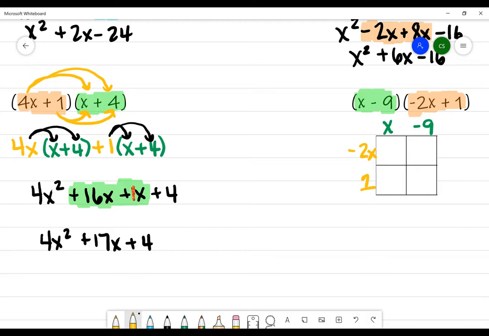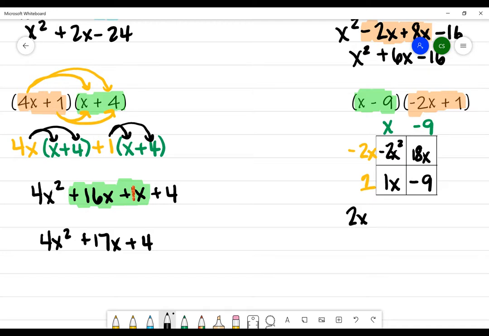So I just multiply my terms now. -2x times x gives me a -2x squared. -2x times a -9 gives me 18x. 1 times x gives me 1x, and 1 times negative 9 gives me a negative 9.